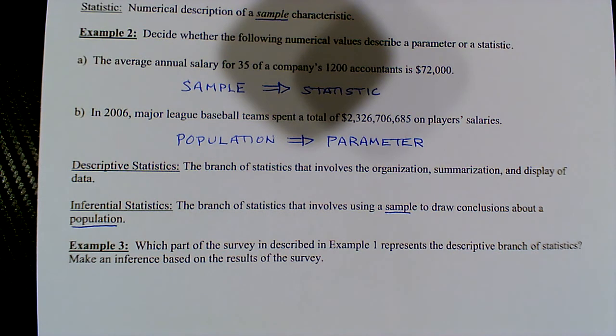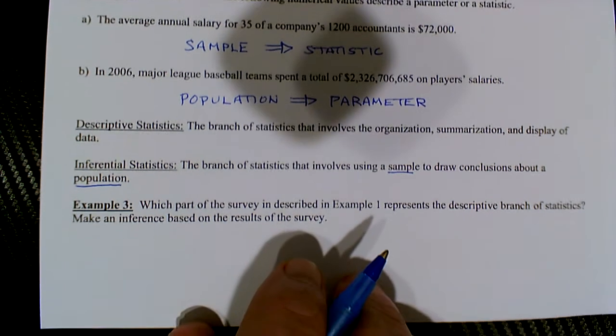So, as I mentioned earlier, it's not often that we are able to obtain data from the entire population, so therefore we take the data from a sample and infer from that how the population will behave.